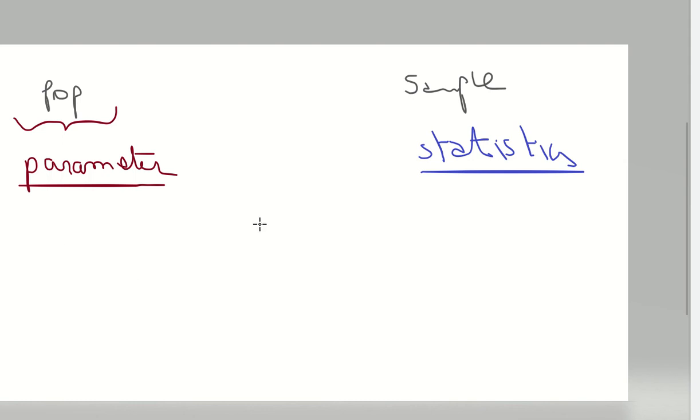Again, the average, or what we call in statistics the mean: the mean of the population we write using mu, whereas in the sample we write it using x bar.